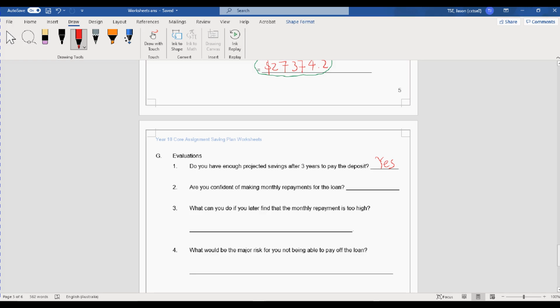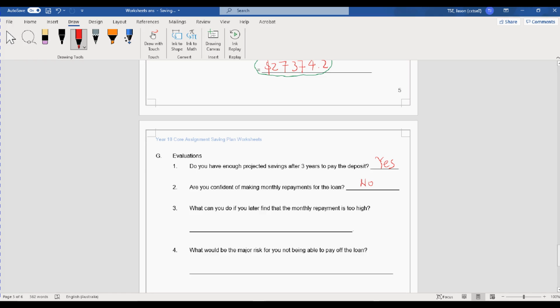But we try to assume you can have a more sustainable paying scheme rather than use your saving. So you say no, because right now it's around 400, but I need to pay up to 555. What can you do if you later find that the repayment's too high?